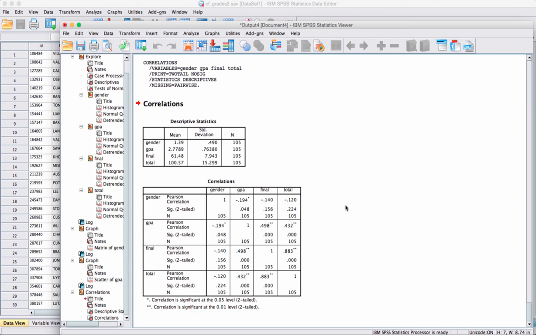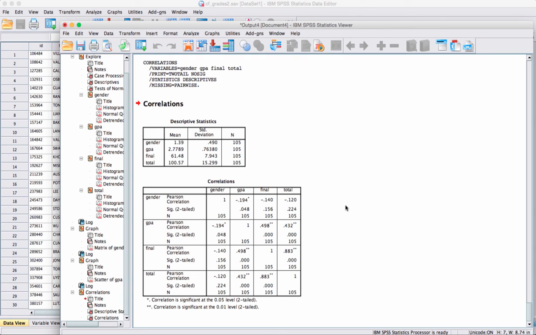Now keep in mind that GPA, final, and total would be considered Pearson correlations because they have interval level data. Although GPA might be considered ordinal data, and some might say that would be more like a Spearman rank order correlation, or some other type of non-parametric correlation.